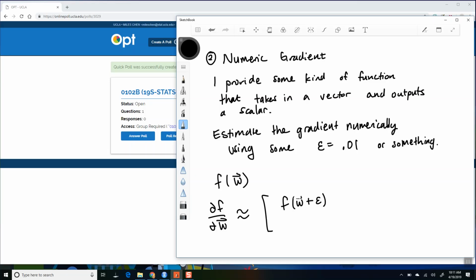No, it doesn't work this way. Sorry, getting ahead of myself. Okay, so the gradient will look like this.